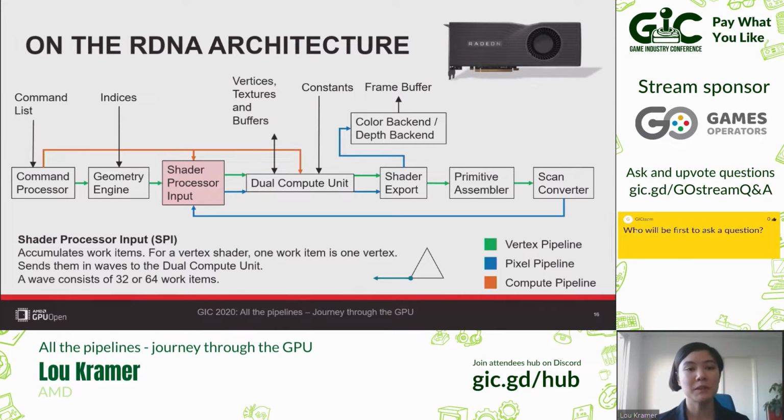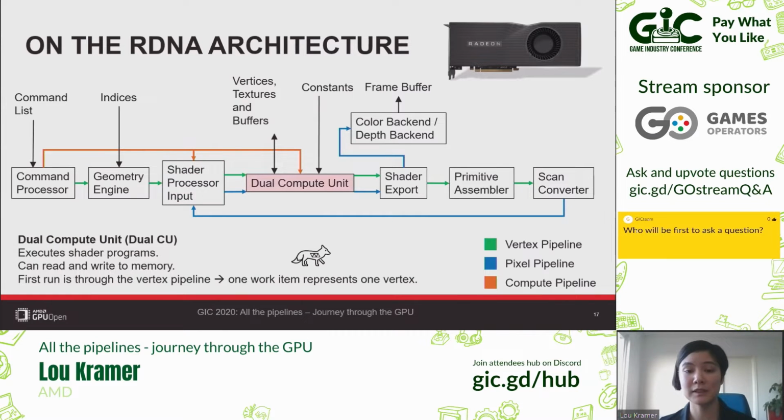Enough work items means specifically on the RDNA architecture that we have either 32 or 64 work items. It depends on which shader type is running and on other more driver-specific things, but in general, either 32 or 64 work items are needed, and then we can actually start work on the dual compute unit.